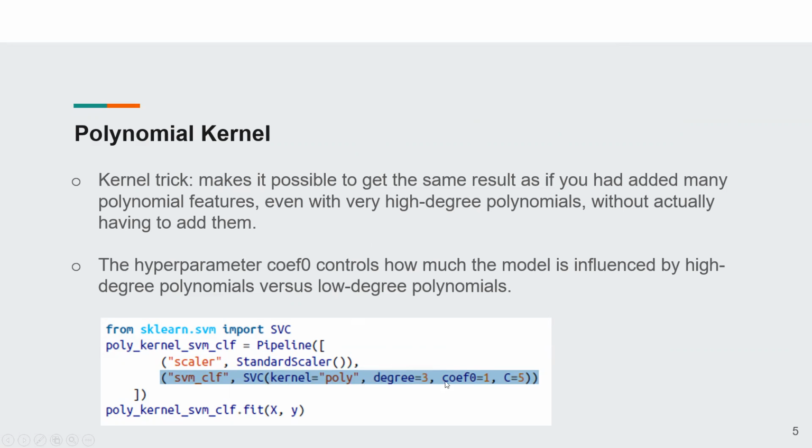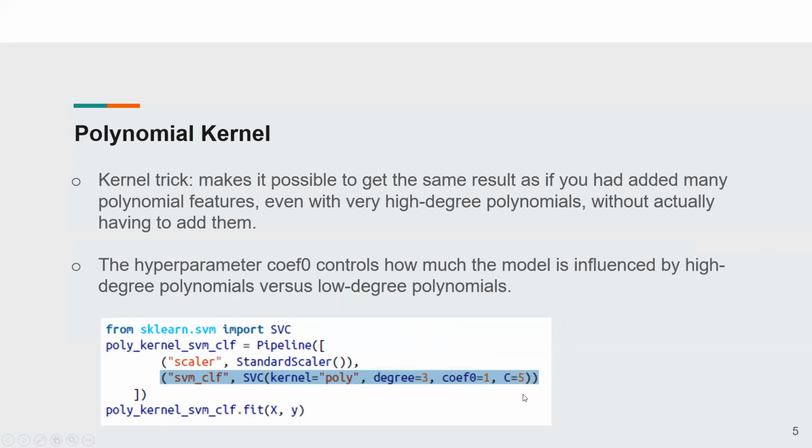The second one is coef0. This determines how much the model is influenced by high-degree polynomials versus low-degree polynomials. The higher the coef0, the more weight is given to the high-degree polynomials.